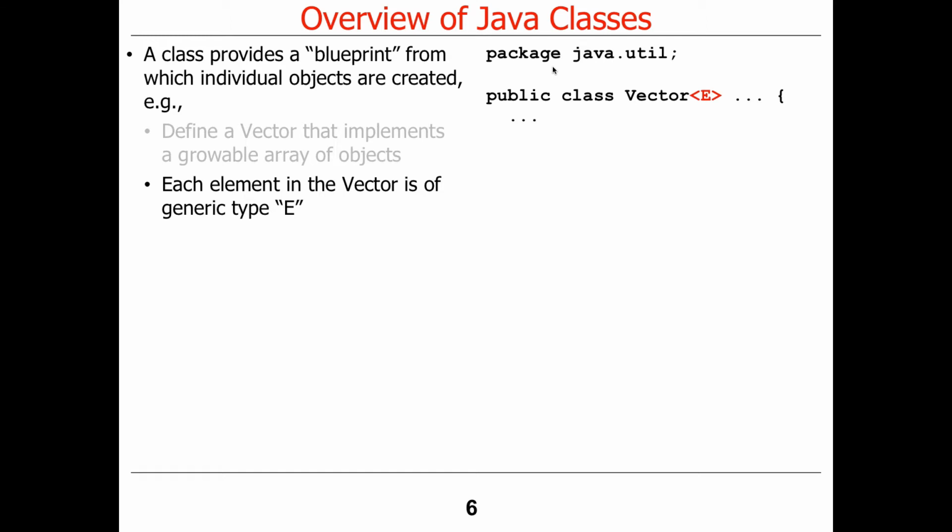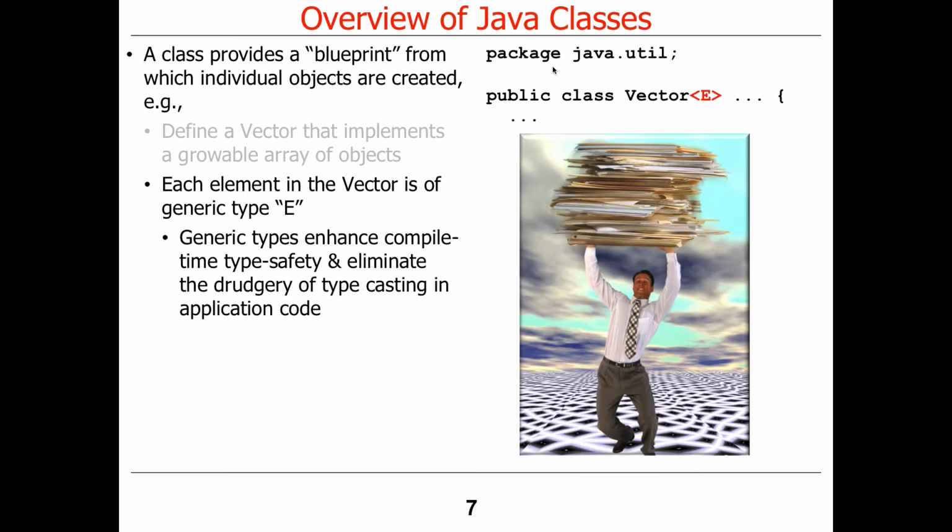Each element in the vector is of generic type E, which means that you can define the type of the vector. And as long as it's a user-defined type and not a built-in type, then it should work fine as the parameter that you pass to the vector. So for example, we could have different kinds of vectors.